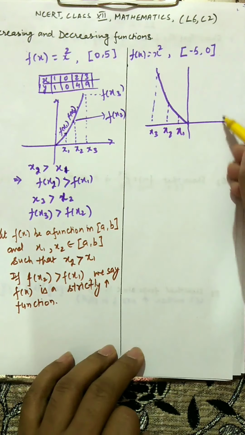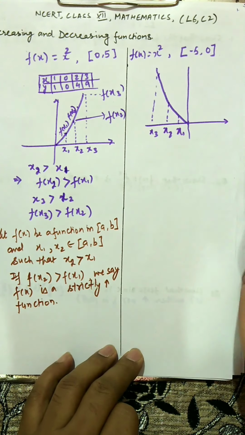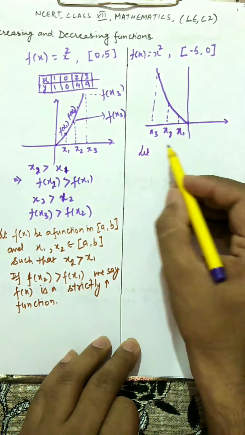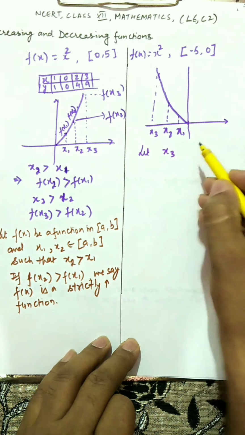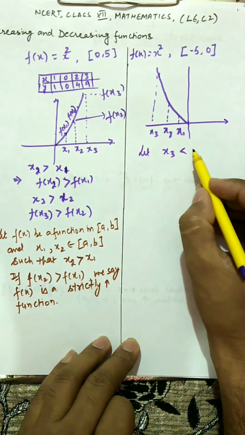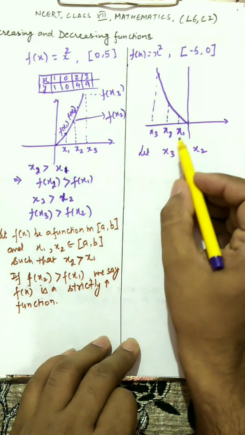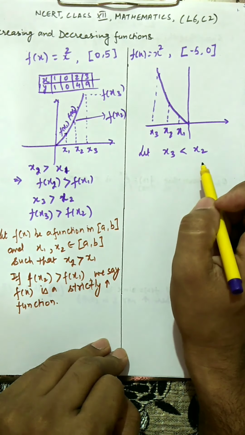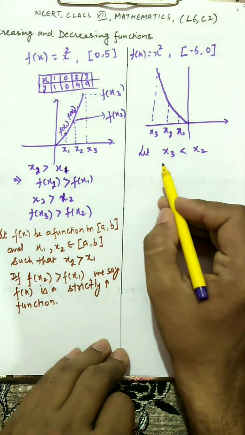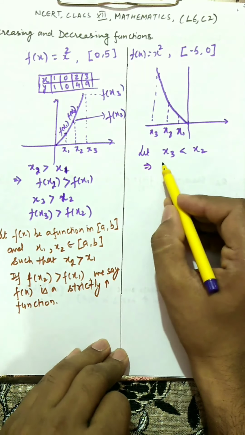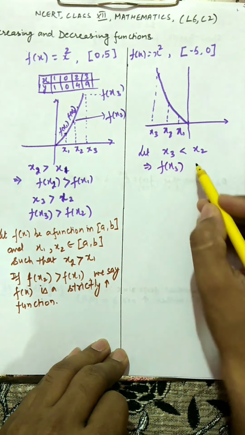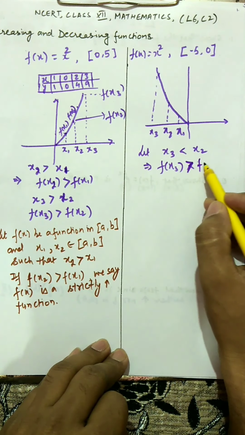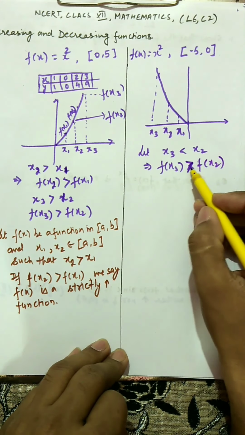Now we can observe a few things. Let x3 be less than x2, because this is the negative side, so x3 will always be smaller than x2, and it implies that f(x3) is greater than f(x2).